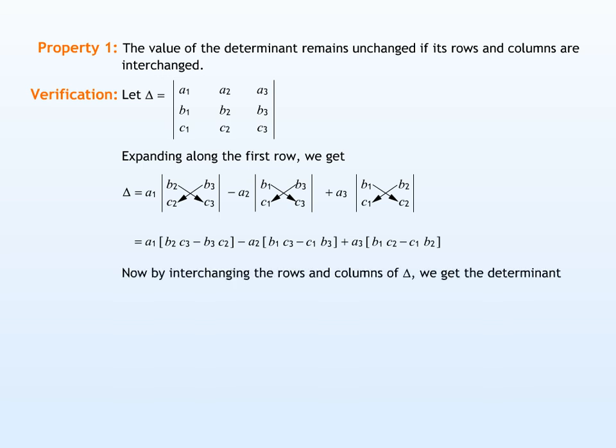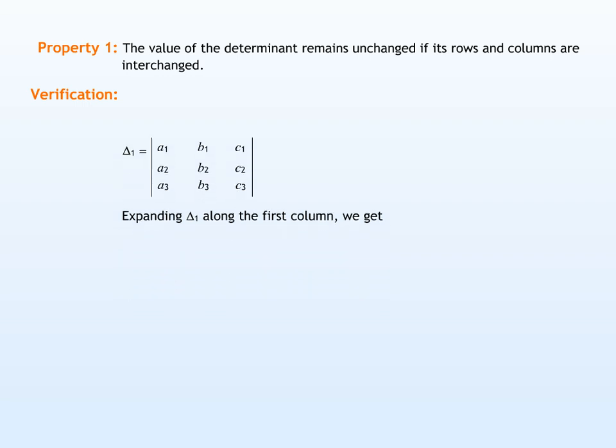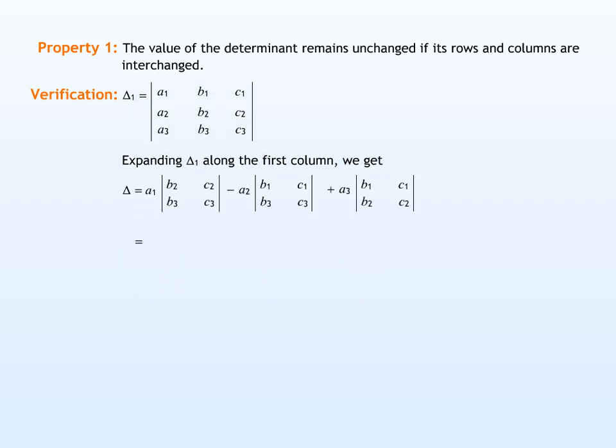Now, by interchanging the rows and columns of determinant delta, we get the new determinant delta 1 as shown. Expanding delta 1 along the first column, we get the value equal to A1 multiplied by (B2C3 minus C2B3) minus A2 multiplied by (B1C3 minus B3C1) plus A3 multiplied by (B1C2 minus B2C1).